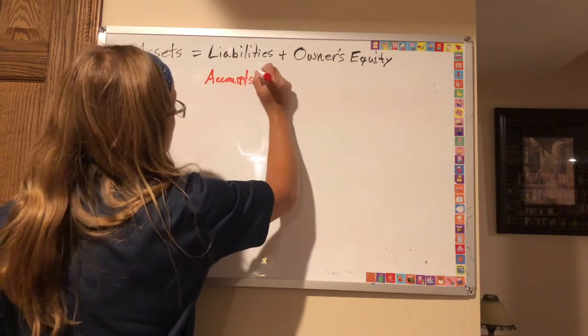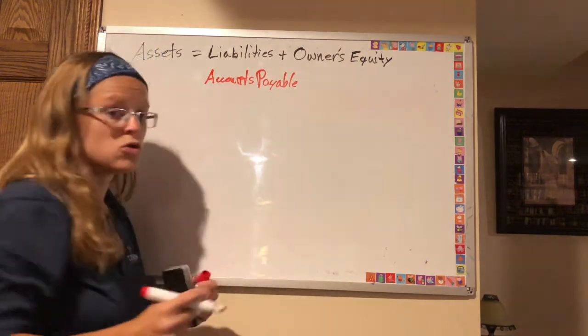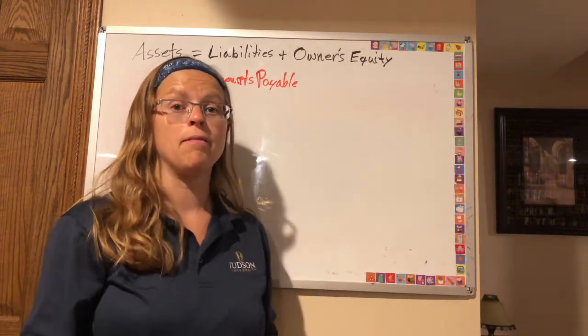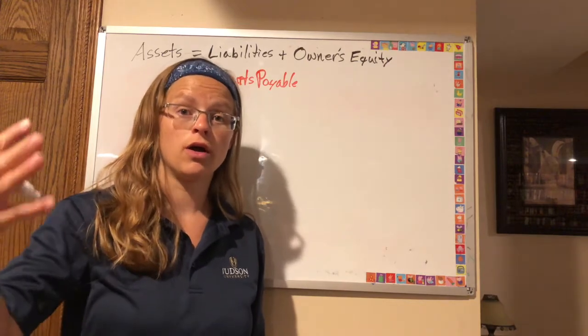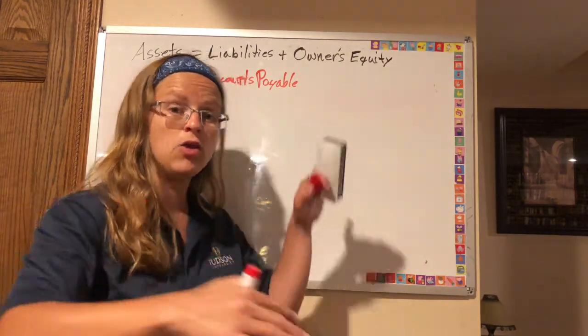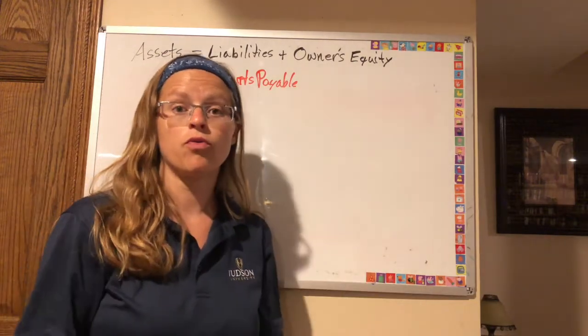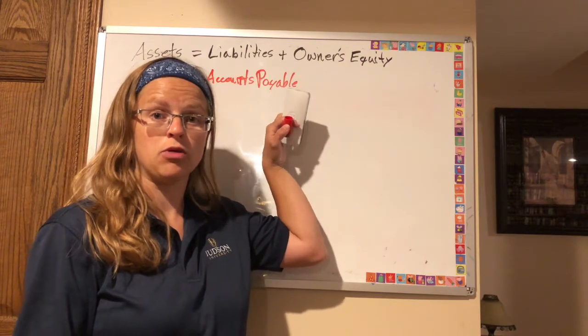So you owe that person money. You received inventory from them to sell your goods, and you owe them within the next 3 or 4 months for that inventory that you purchased.